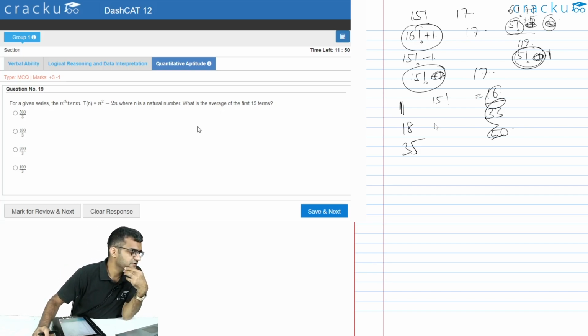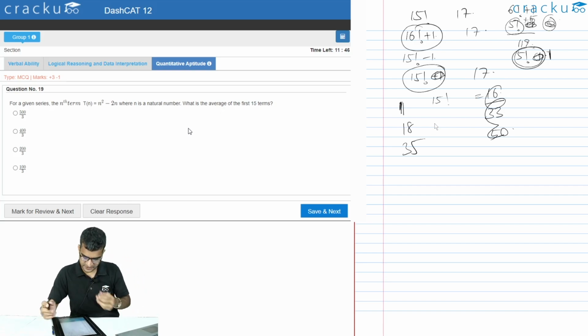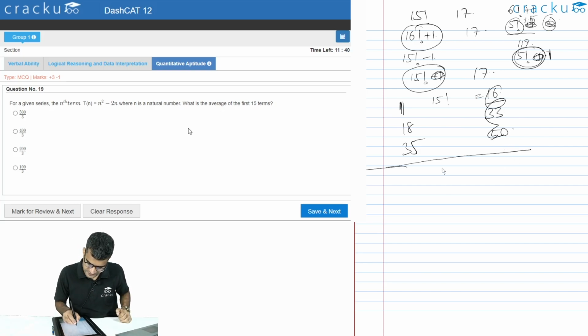For a given series, the nth term is... what is the average of the first 15 terms? Okay, this has to be not very difficult. The nth term is n square. Okay. So it is 1 square plus 2 square plus dot plus 15 square minus 2 into 1 dot minus 2 into 15. This is the sum. We'll have to divide by 15.